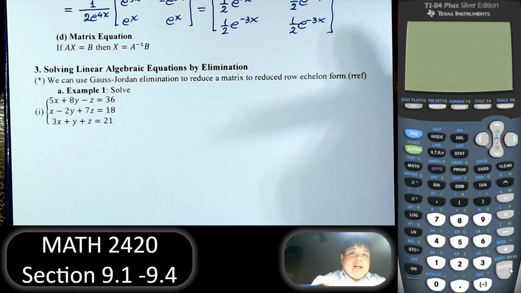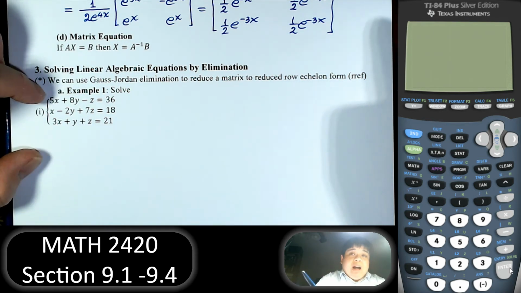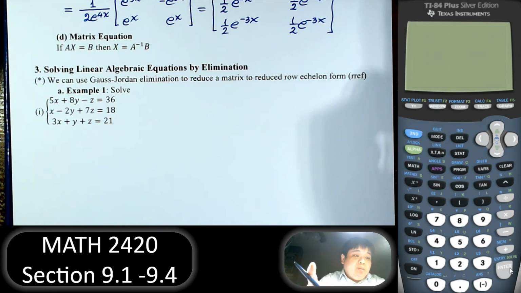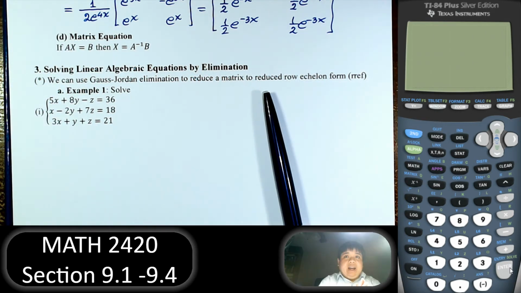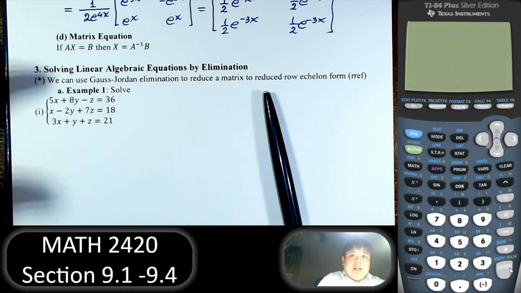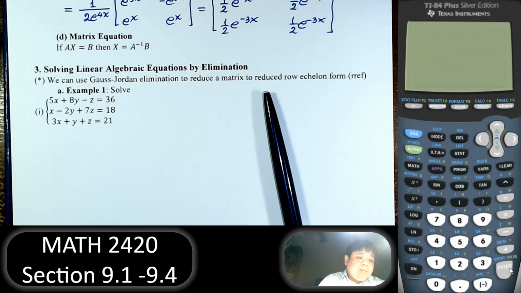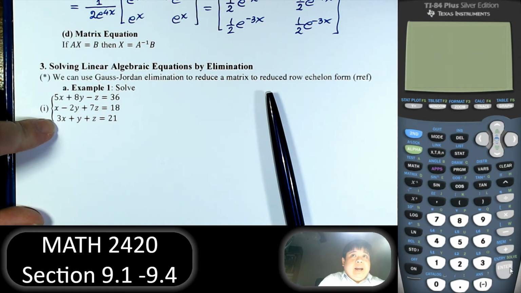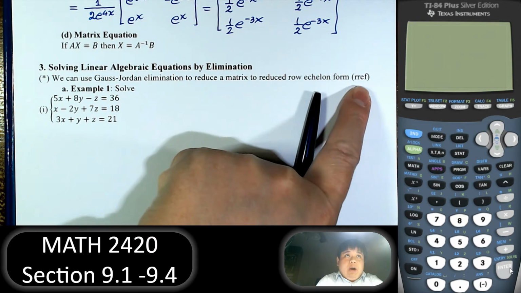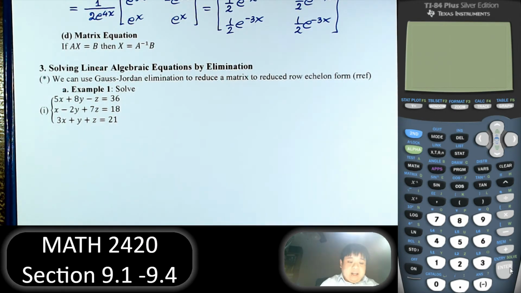By the way, if you take linear algebra, this by itself requires a lot of work. If we do it by hand, it could probably take about 5 to 10 minutes, but to explain the concept, it could take hours. So instead, we use the calculator. I'm going to put this in the matrix and then just hit the button, reduced row echelon form, instead of doing it by hand.